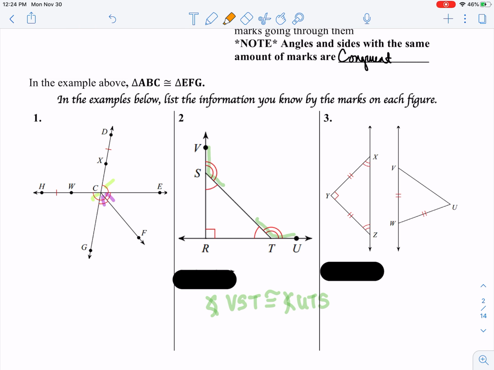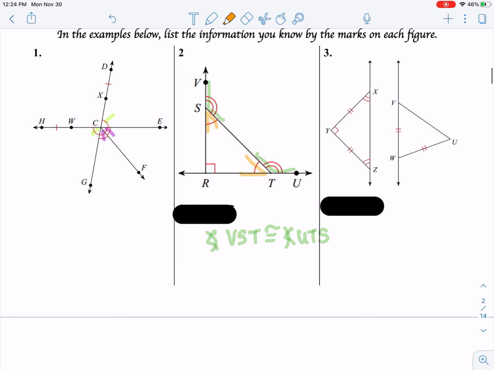Another one, I have this angle here, this angle here. So angle RST is congruent to angle RTS. Remember, when you're naming angles, the important part is your vertex or your middle.